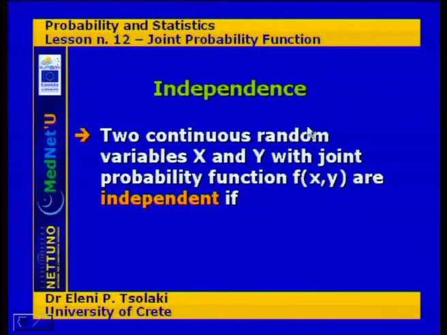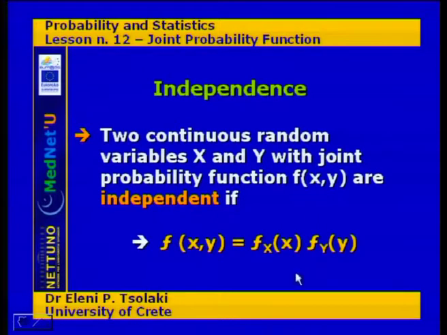Again, as before, the two continuous random variables x and y, with joint probability function f(x,y), are called independent if this holds. This is the same formula we use in the discrete case.